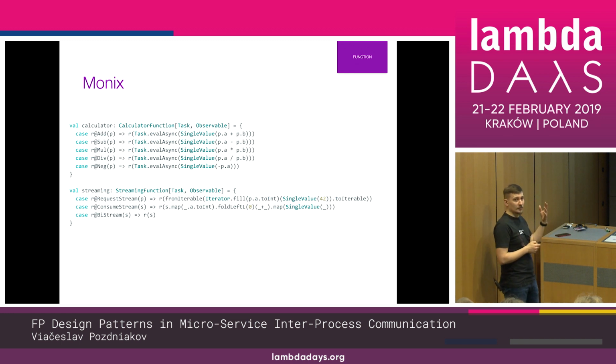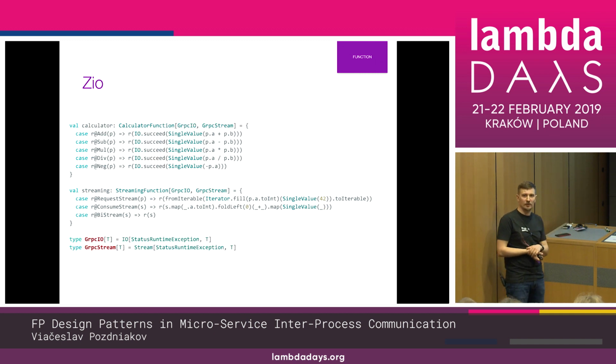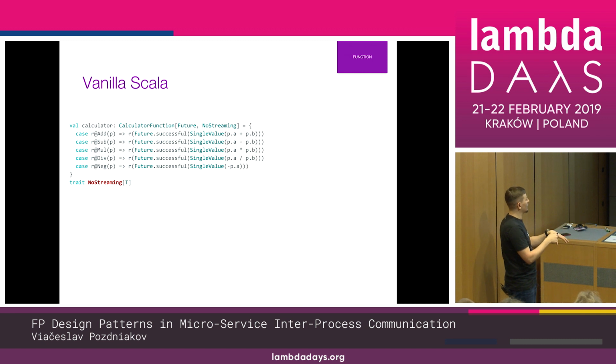And if you don't want to use Monix, then, for example, you can switch to ZIO, the new fancy functional programming library, and your code really looks the same because this calculator function remains the same. It's really generic. It works with Monix, it works with ZIO, and it even works with vanilla Scala functions.